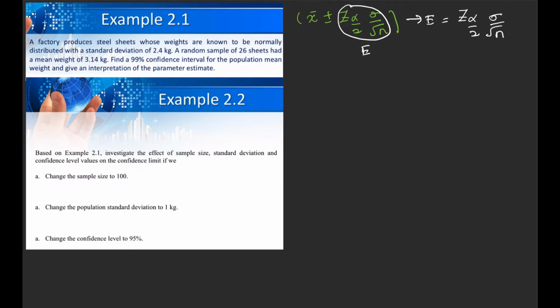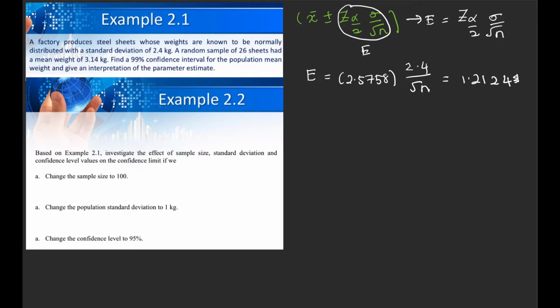Okay, so the z alpha over 2, so E is equals to 2.5758 times sigma is 2.4 over square root n. So your E is equals to 1.2124.